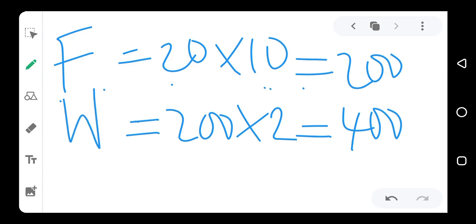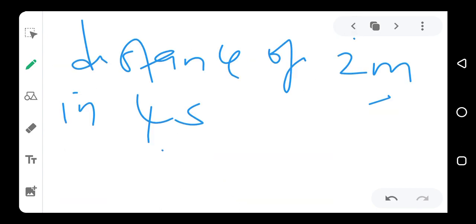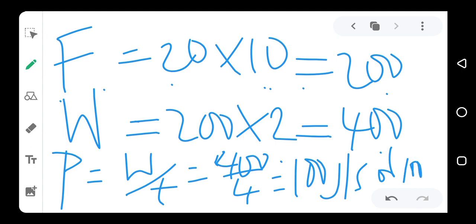Work is the force, which is 200, times the distance moved, which is 2. So the work done is 400, and power is equal to work over time, which is 400 over the time, 4 seconds. So we get 100 joule per second, or 100 watts.